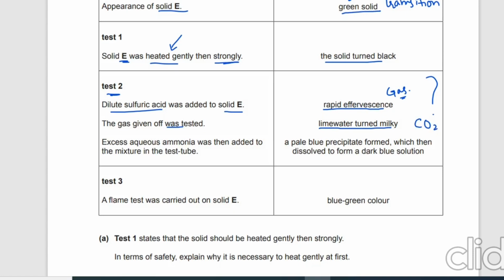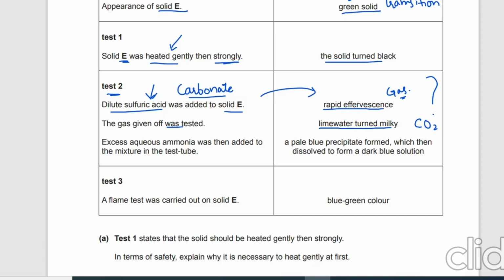So it must be carbon dioxide gas. And one more thing, remember that if you see acid is added to any salt and it gives rapid effervescence, it means it must be carbonate salt. Okay, carbonate salt, because carbonates on adding acids, they produce carbon dioxide gas.